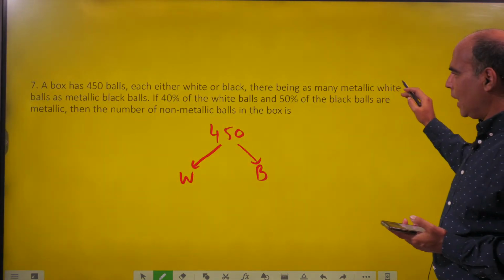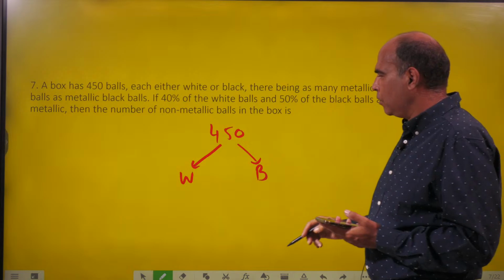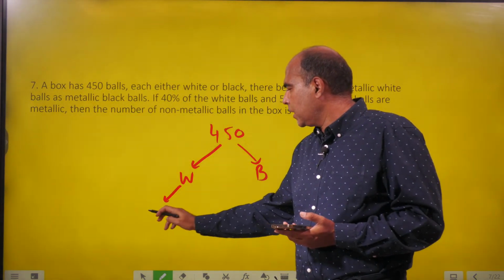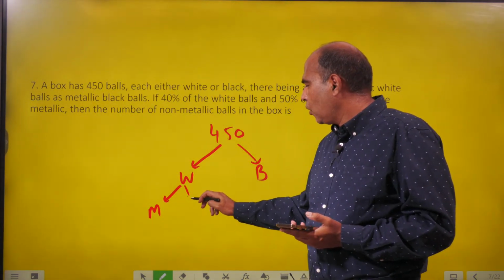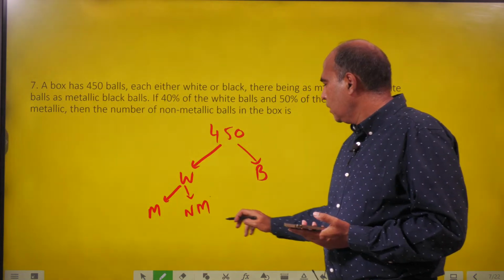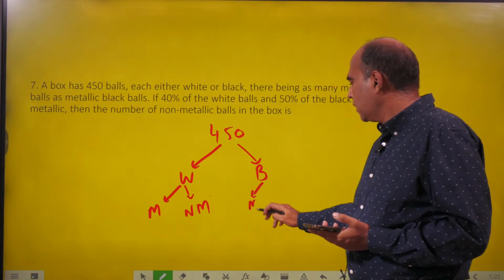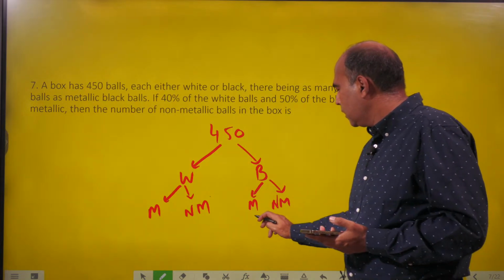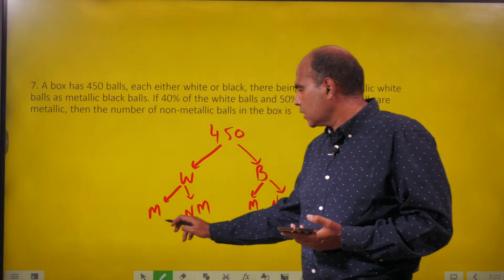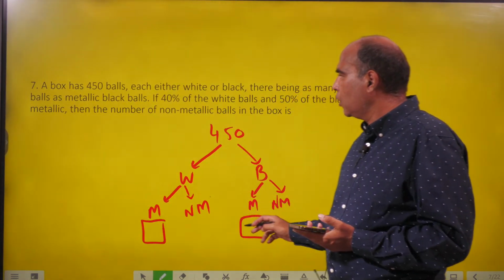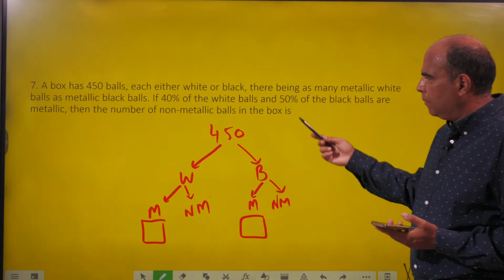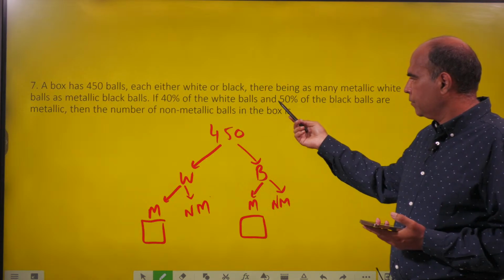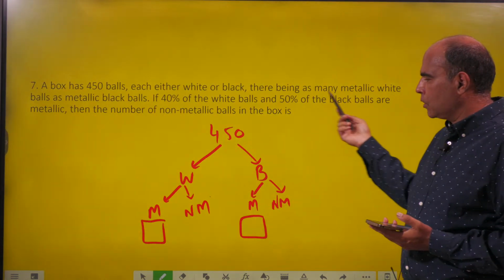There being as many metallic white balls as metallic black balls. So that means the white balls are split into metallic and non-metallic, and the black balls are split into metallic and non-metallic. And what they are saying is that the metallic black balls and metallic white balls, these two are equal. And then they tell me 40% of the white balls and 50% of black balls are metallic.